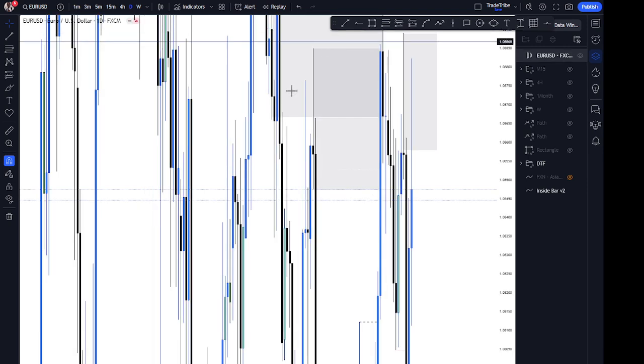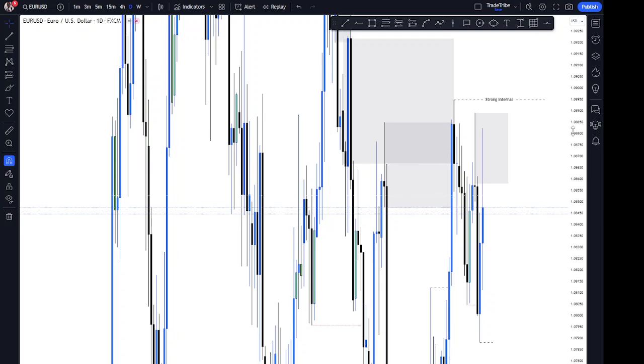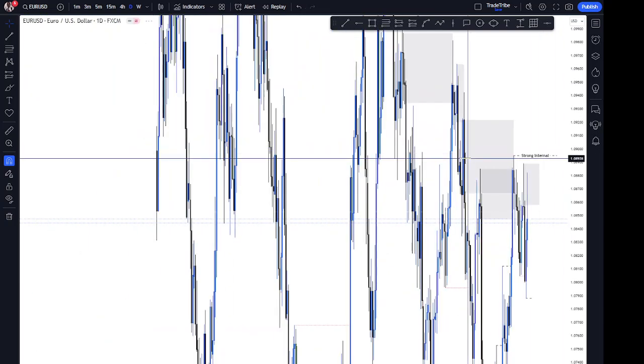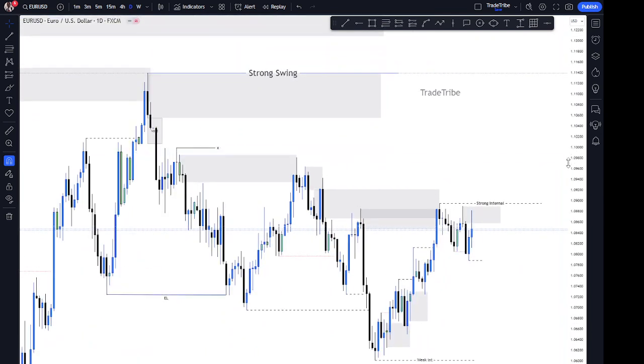Remember my rule, I always start from higher time frame all the way to lower time frame.